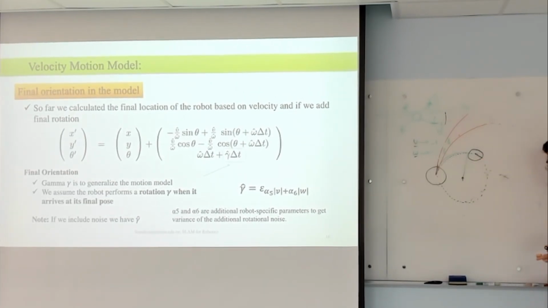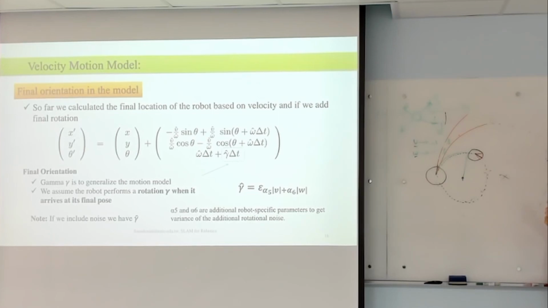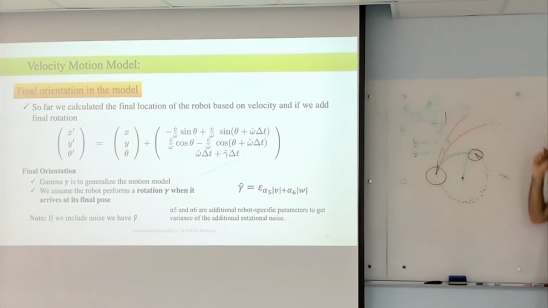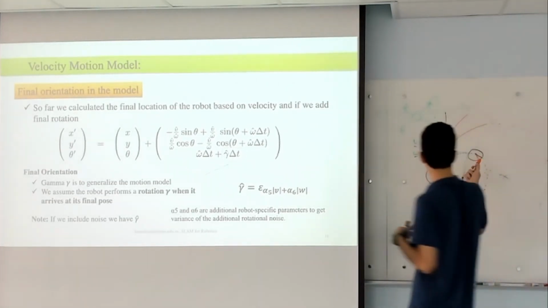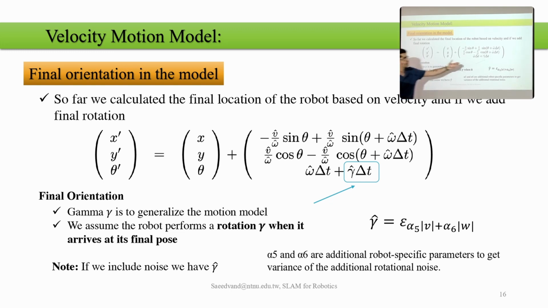But what if I want to generalize to show other bearings? If I want to use the same term to show the robot is moving, but the bearing is not there, is here, or is here, or whatever it is. To represent that, I can add one more parameter called gamma delta t to the calculation of the orientation that I had.